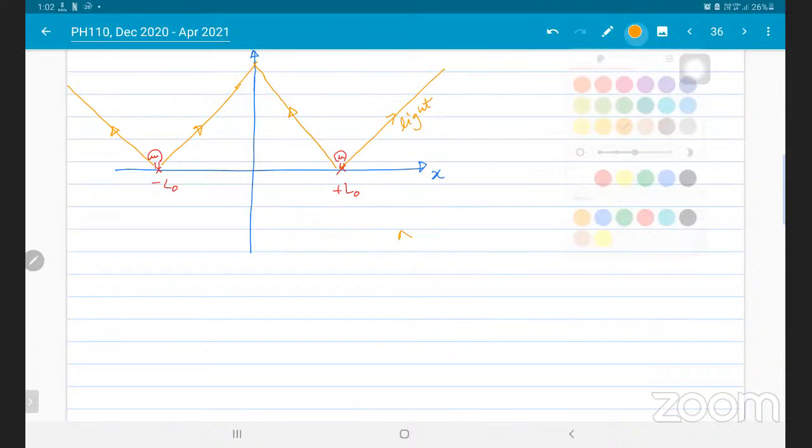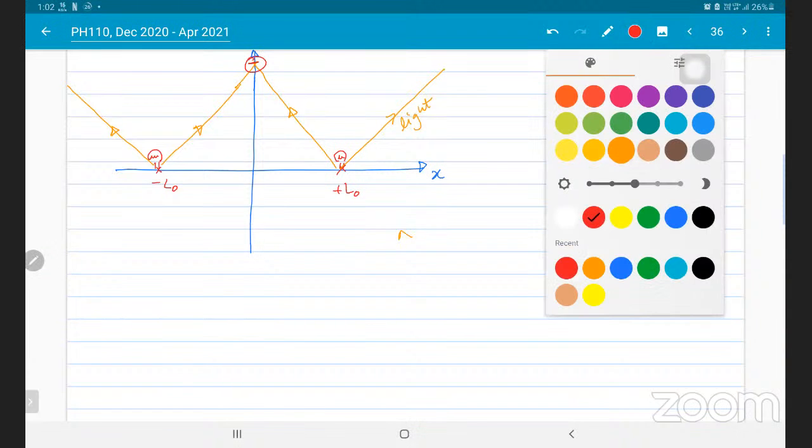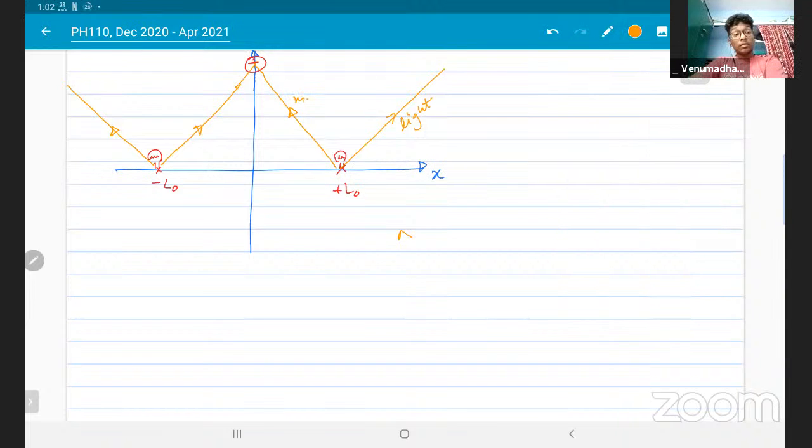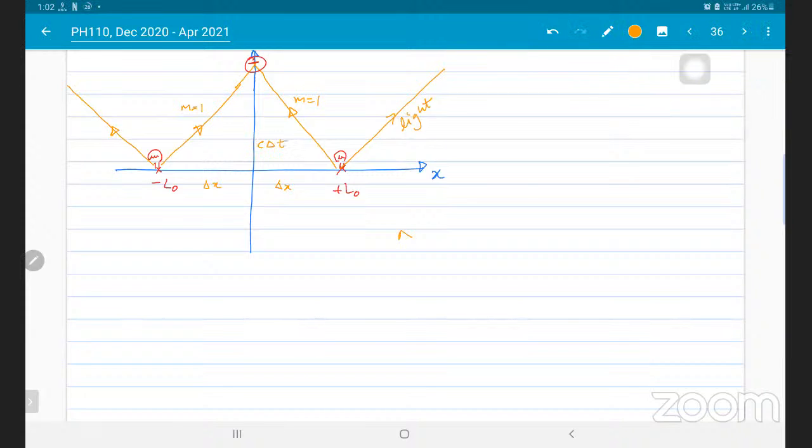They will both meet here at the same point. Why? Because both are equidistant. m is equal to 1, delta x is the same, so c delta t will also be the same, right?